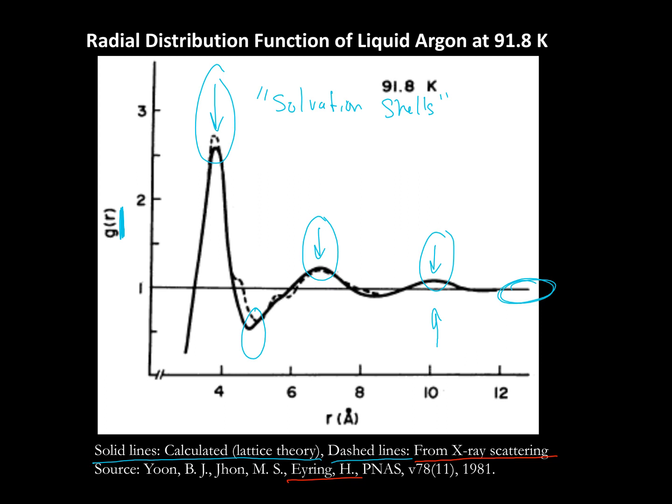But if I had to consider, what do I think is the size of a single argon atom based on this radial distribution function? Someone throw out a guess. Somewhere around there. Because as you go below about 3.5 angstroms, we're getting to a very low probability of finding another particle.